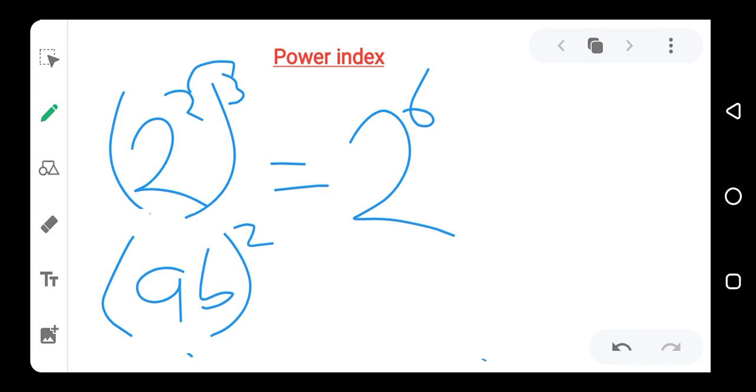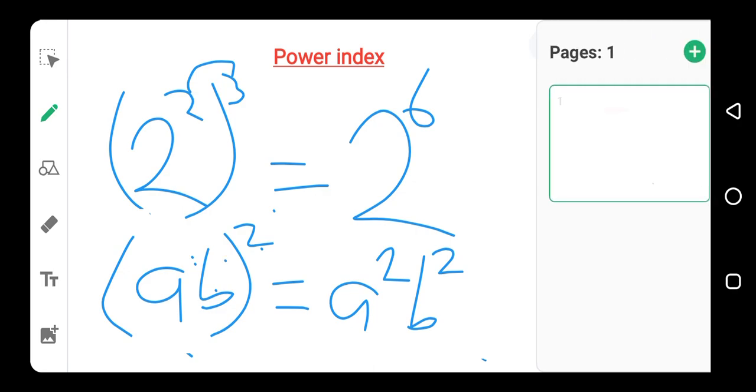Now, what this means is that you use the power and multiply everything inside, so it becomes A raised to power 2 and then B raised to power 2 also. Now that is how to clear the brackets that contain a power, A raised to power 2 and B raised to power 2.